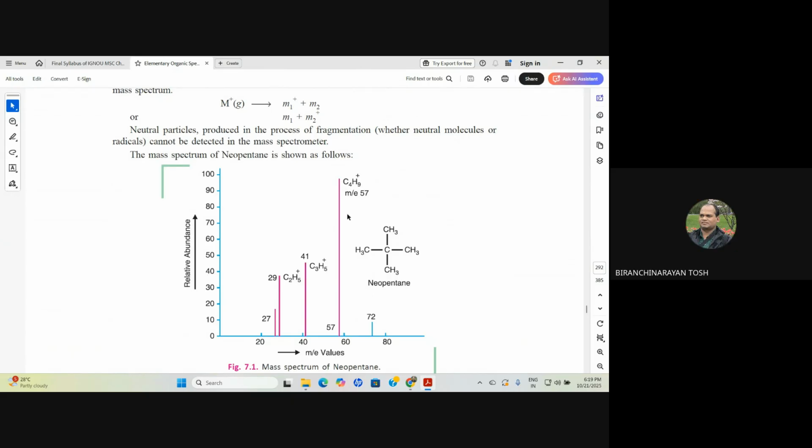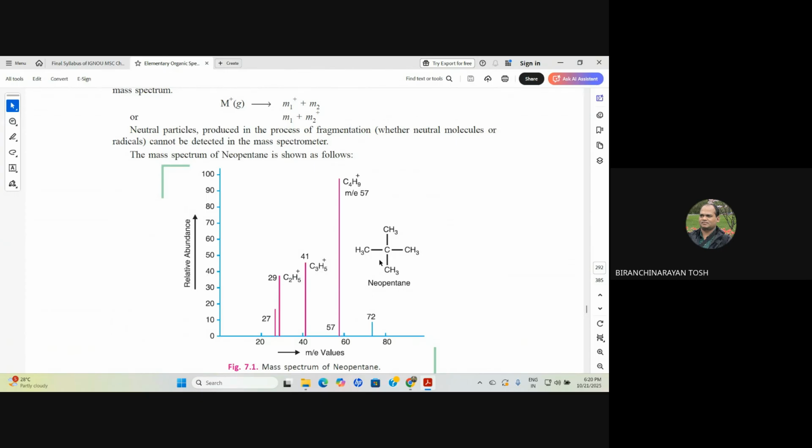No. This is the highest peak, with relative abundance 100, which means the probability of formation of this fragment is maximum. When one C-C bond is cleaved, you get C4H9.